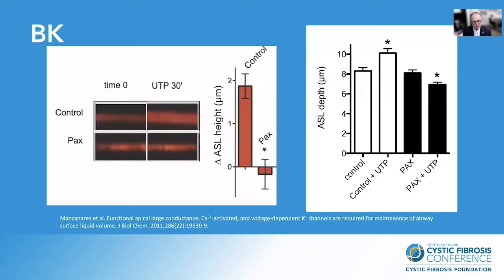This is shown here in now an experimental setup where paxilline is used to inhibit the BK channel. And you can see that with paxilline, the calcium response in terms of airway surface liquid to UTP is completely abrogated.